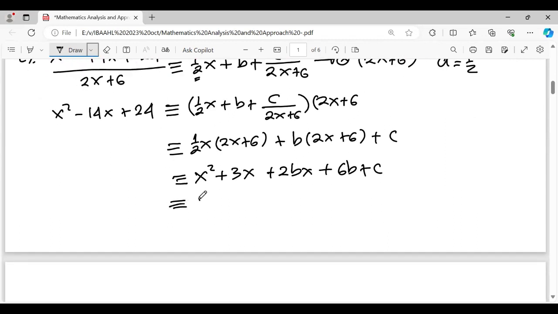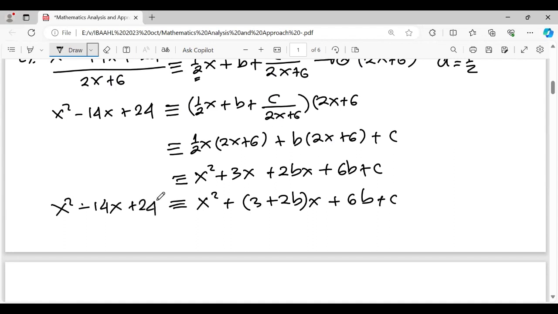It becomes x squared plus 3 plus 2b, and we factorize x, plus 6b plus c, equals x squared minus 14x plus 24. Now look, 3 plus 2b equals minus 14.